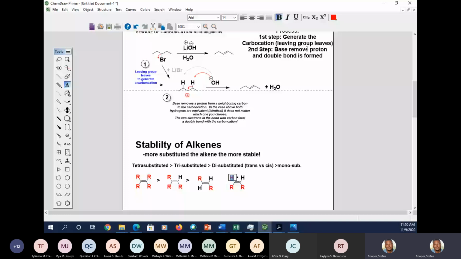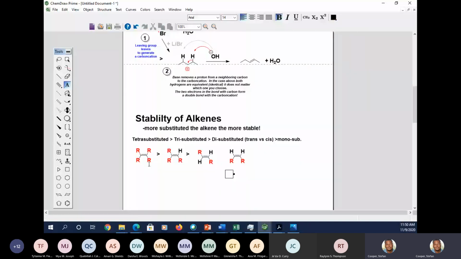So I have a di-substituted class here. I have my 2 R groups on opposite sides of one another. This is known as trans, and trans is more stable than my cis.